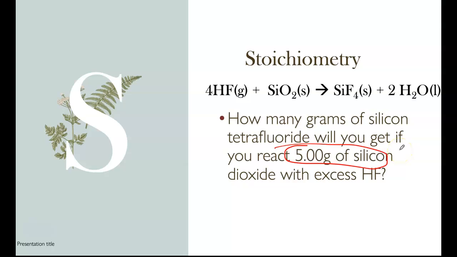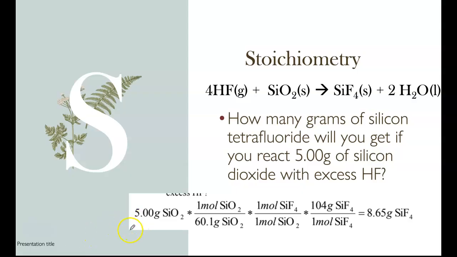And of course, in order to do anything with an equation, you're going to have to convert those grams of silicon dioxide to moles. And so hopefully you looked up the molar mass of silicon dioxide. I got 60 for that. And then we can look at our equation and notice that 1 mole of silicon tetrafluoride equals 1 mole of silicon dioxide.